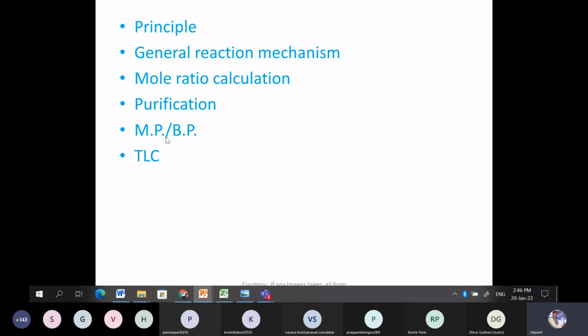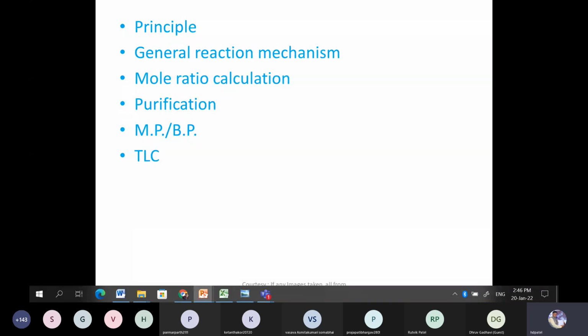Then melting point or boiling point. For any compound, after completion of the reaction or after purification, we have to determine the melting point or boiling point. The reason is that based on the melting point and boiling point we can confirm whether the particular product is formed or not, because here you are going to synthesize products which have already been synthesized by someone. So the physical data, melting points and boiling points, are available in the literature or in a manual.